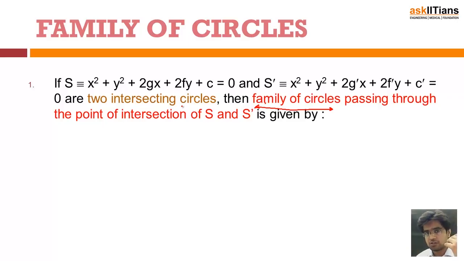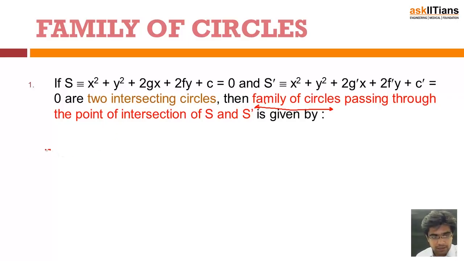We have introduced this term because from the point of intersection of those two circles, that means those two intersection points, there can be an infinite number of circles passing through those two specific points. We don't know which circle it is, so we collectively call all those circles which pass through those two points a family of circles.